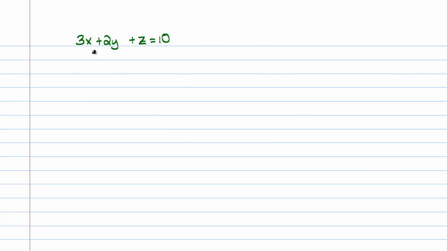Since we have three unknowns here, we'll need two other equations, like negative 2y plus 8z is equal to 13, and let's say 3x minus 4z is equal to 1. That's a system of three equations and three unknowns.